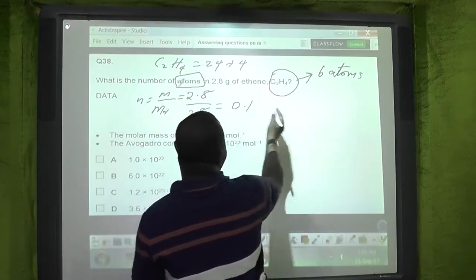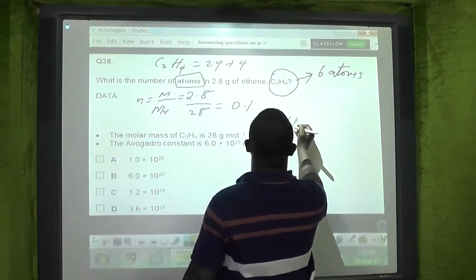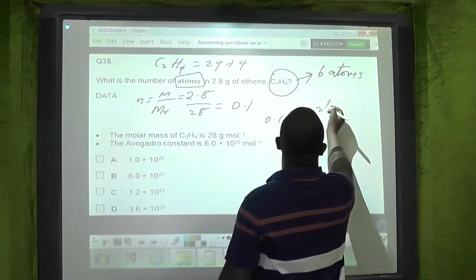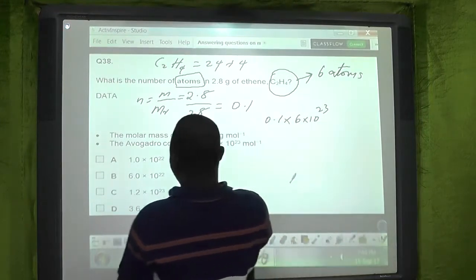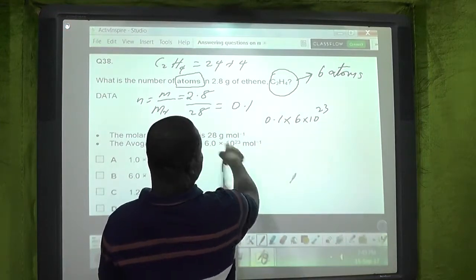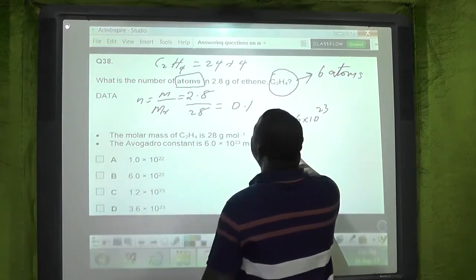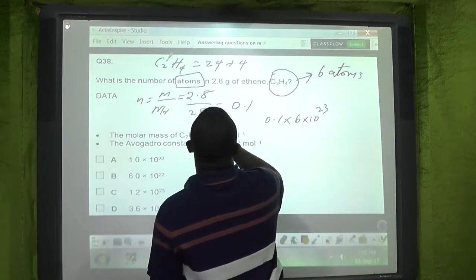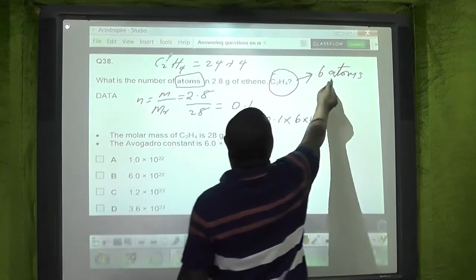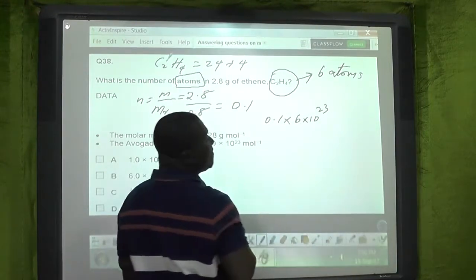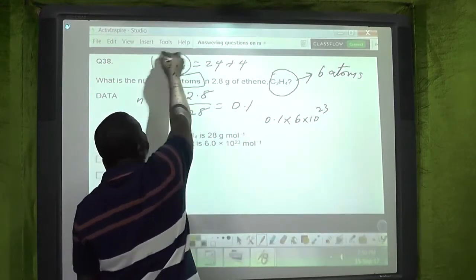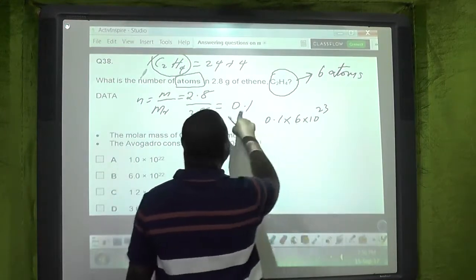The number here is 0.1 multiplied by 6 times 10 raised to power 23, because it has been given to us. This is the number of molecules, because this is the mole.